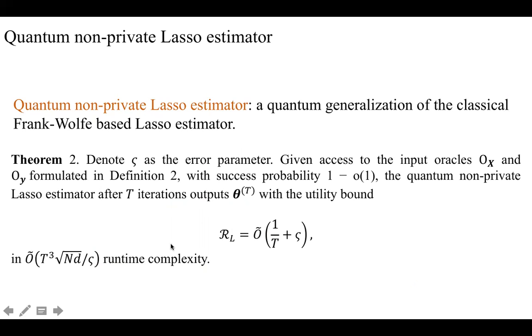As we can see, the utility bound of the quantum non-private lasso estimator is inversely proportional to the iteration number t with an additive error, and its runtime scales with the number of iterations t, the number of examples n, and the feature dimension d.